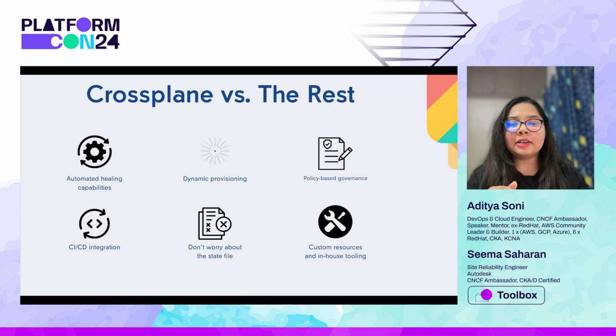Crossplane provides dynamic and real time policy enforcement. Next, you can also use team collaboration with it. It uses existing Kubernetes RBAC. And next is CI/CD integration. It fits perfectly with the Kubernetes native CI/CD pipelines.